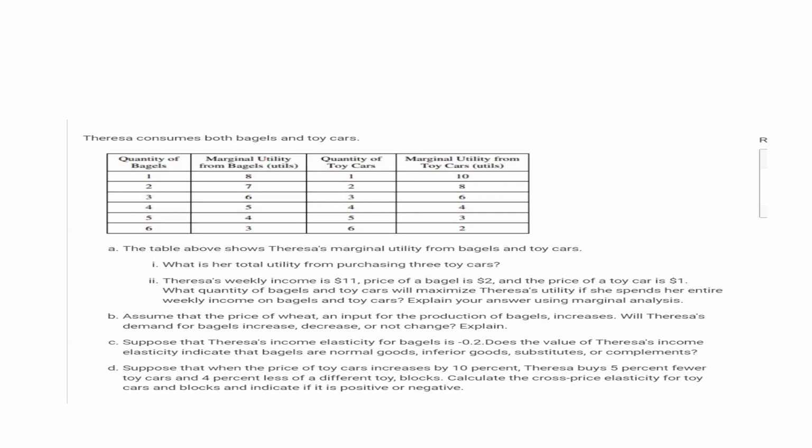Of the cars. So cars, did it increase or decrease? It increased. So that's going to be 10% on the bottom. And then it's 5 above that. What changed by 5% fewer toy cars? We don't want cars, we want the other product. We want blocks, 4. So it's 4. Yeah. So it's going to be -4/10. All right, remember, it's percentage change of A over the percentage change of B. The negative should be on the top.